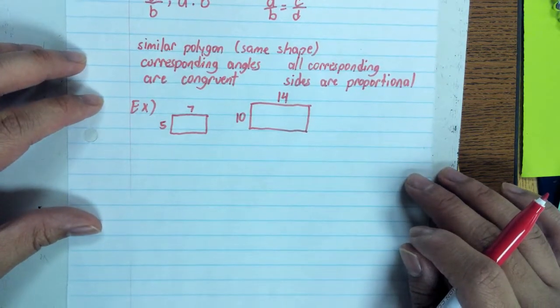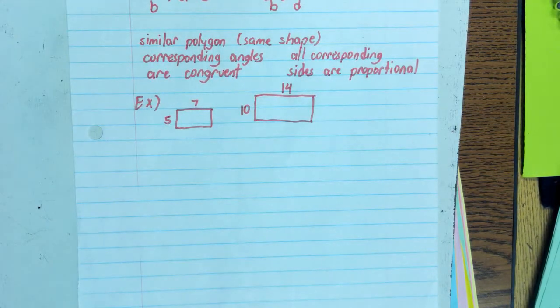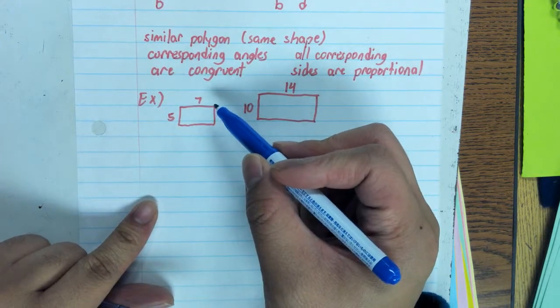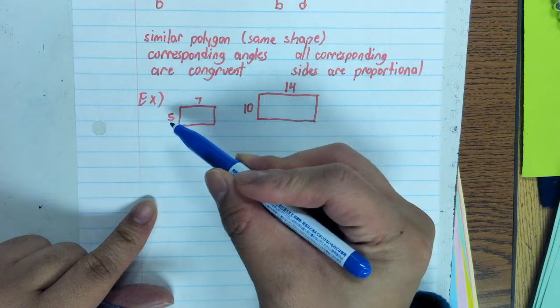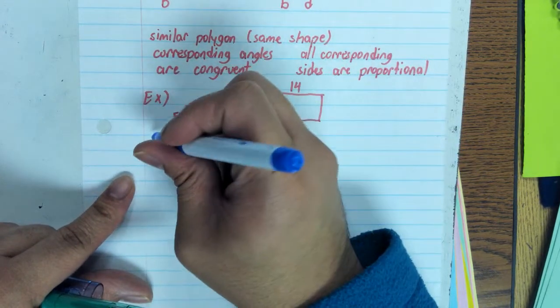We do this by setting up fractions. There's two different ways we can set up that proportion. First way is I can stay within the same rectangle. Setting up my fraction, it doesn't matter which one goes first, big side or short side, you can pick. Here, I'm going to pick the short side.